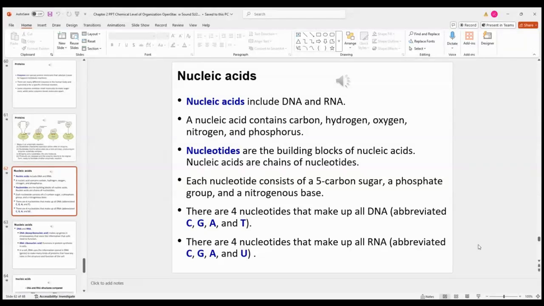I think there are instructions on the handout, but basically you need one of those, and you just rub it on the inside of your cheek, and then rub it on the center of the slide.